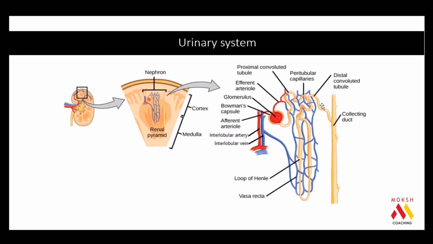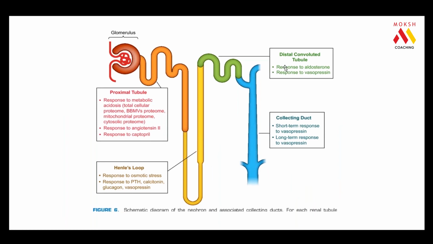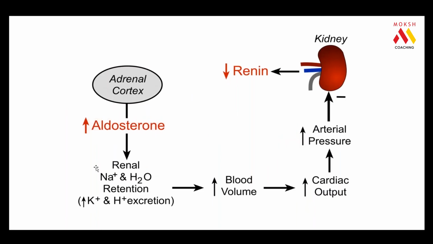What aldosterone typically does is bring in sodium, one sodium with three waters. And it'll also secrete the potassium and the hydrogen, and that will increase the blood volume, and then eventually increase the cardiac output and the arterial pressure, and that will decrease renin. Okay?